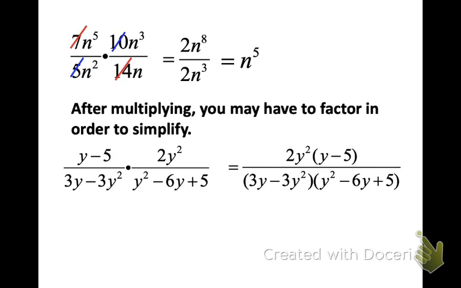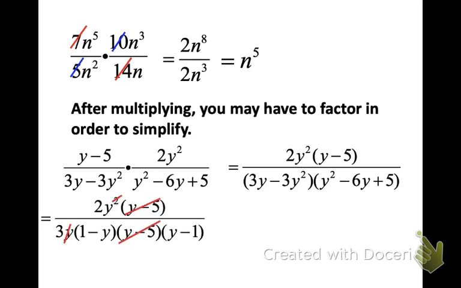From the denominator, we're going to take out a 3y. And in the second trinomial here, we're going to find something that multiplies to 5 and adds to -6. Then we're going to do some canceling and start to condense our problem a little bit.